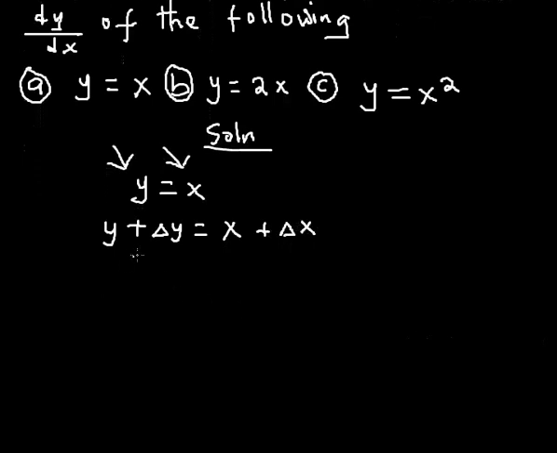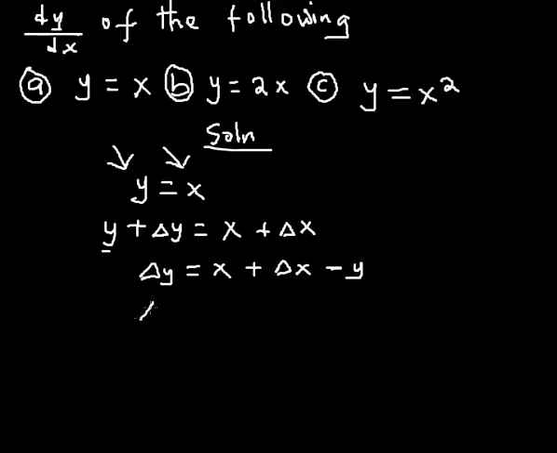Now remember, the whole idea is so that I can get my delta y all over delta x, because it is only when I have delta y all over delta x that I can find the limit, and once I find the limit, that is my derivative. So now I want to rearrange this equation. First I will take y to the right side so that I have only delta y at the left hand side. So delta y is going to be equal to x plus delta x minus y.